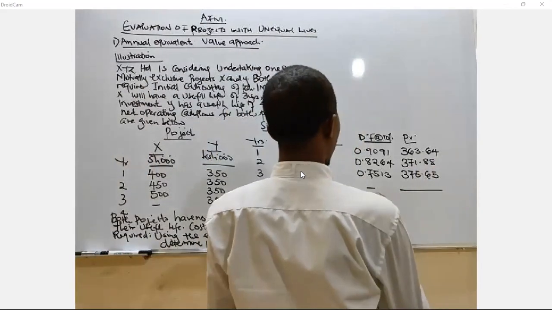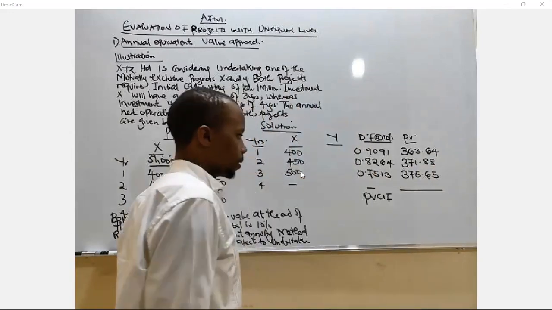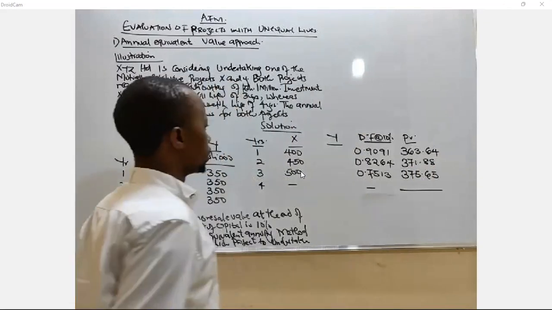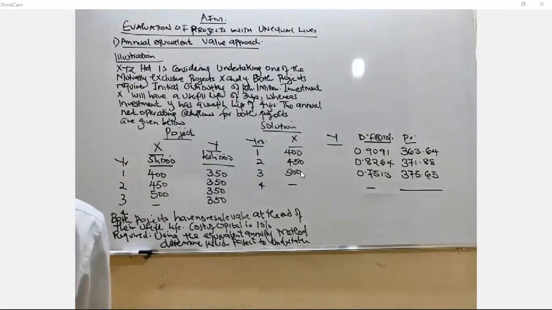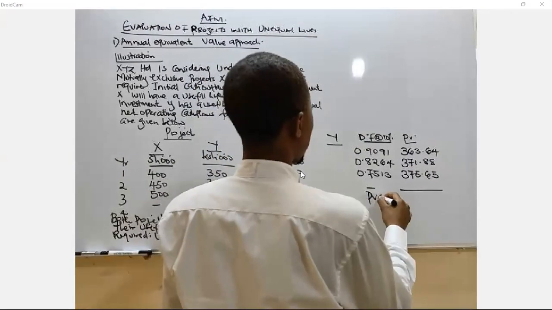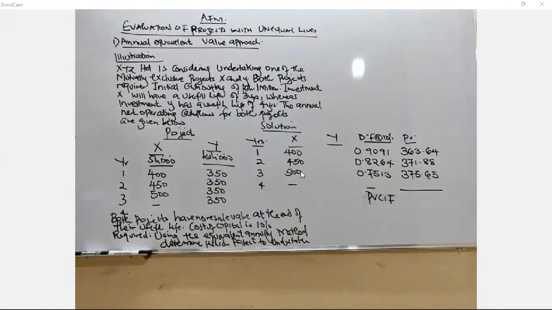What is the present value of the cash inflow? How much are you getting there? What is your NPV? Sorry. When you multiply, how much are you getting there? How much is it? The present value of the cash inflow? So how much?